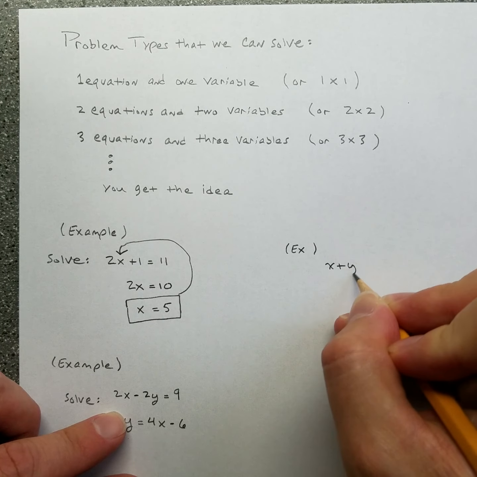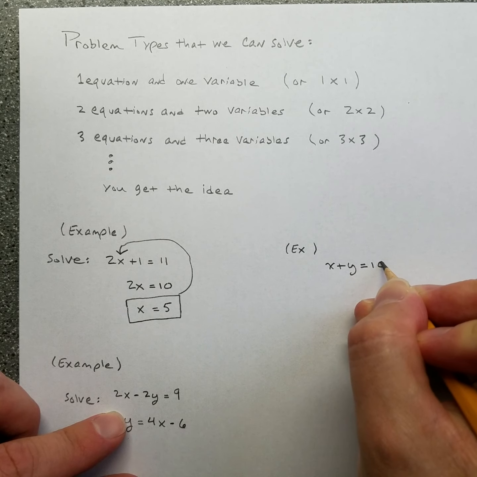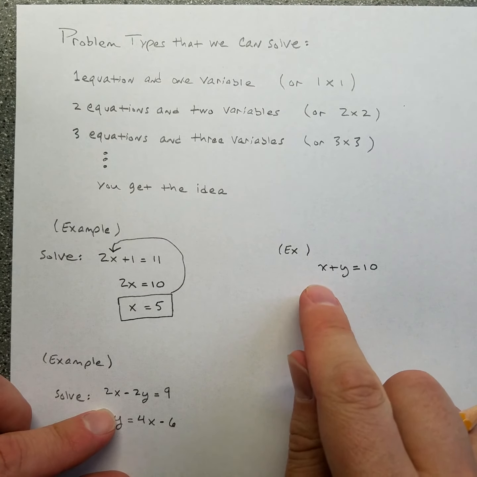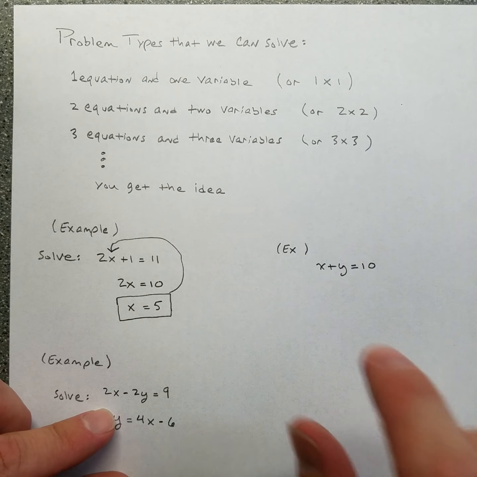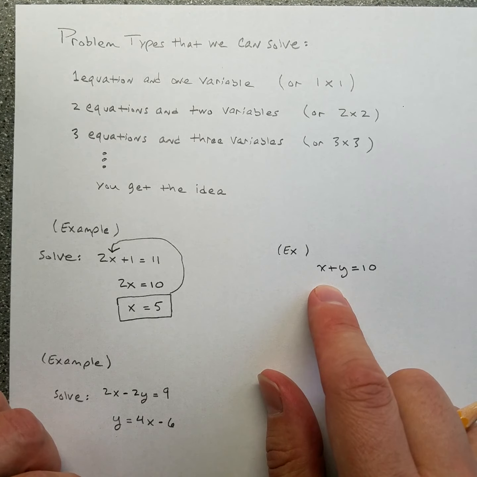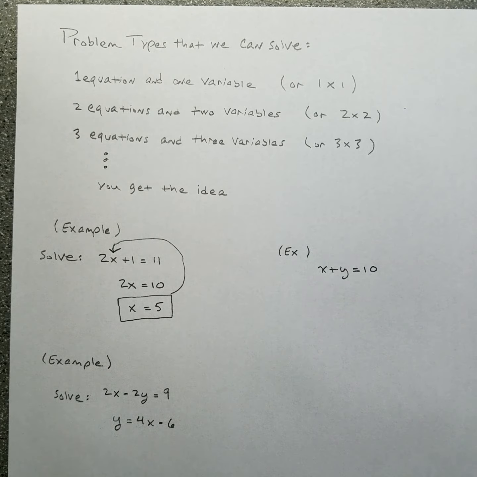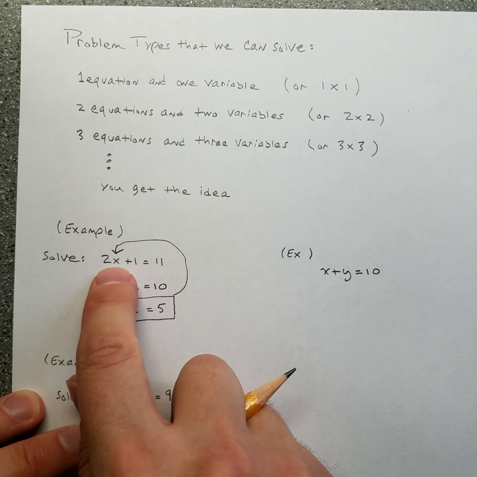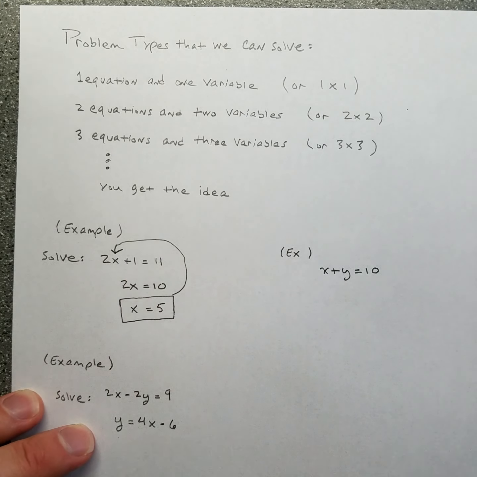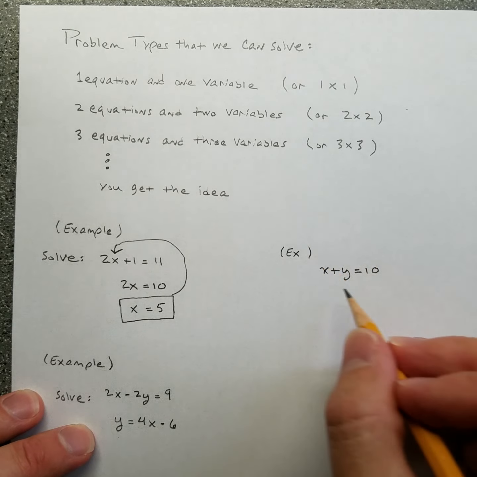x plus y is equal to 10. That's two variables, but only one equation. Do you see why that problem doesn't have a unique answer? Here the answer is unique. 5 is the only number that could ever possibly work in that equation. But think of all the possibilities there.